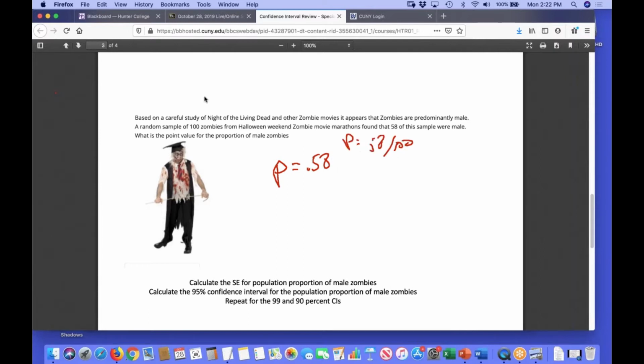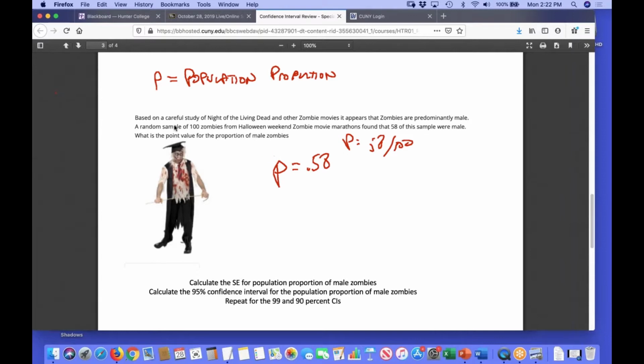Well, the only problem here is that P refers to the population. We don't use a Greek letter, so that's the population proportion. We don't know that. We only know the proportion of the sample that we took of 100 zombies. So I need to differentiate between P and the P that I got from a sample.